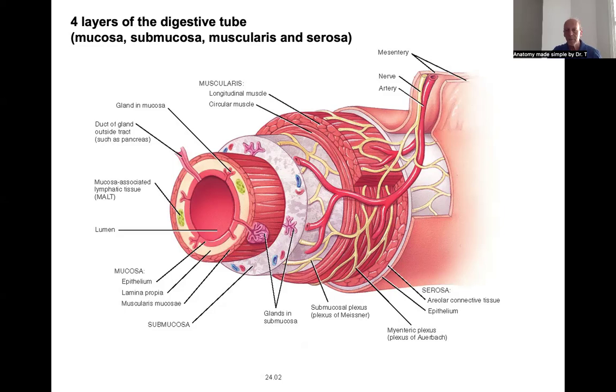So the enteric nervous system is the nervous system belonging to the digestive tube, which operates practically on its own, being subject to some kind of additional tweaks coming from the autonomic nervous system, whether it's the sympathetic or parasympathetic division. But most of the work the digestive tube can do on its own, which regulates motility, secretion, and release of enzymes based on the quality and quantity of food that we have consumed.